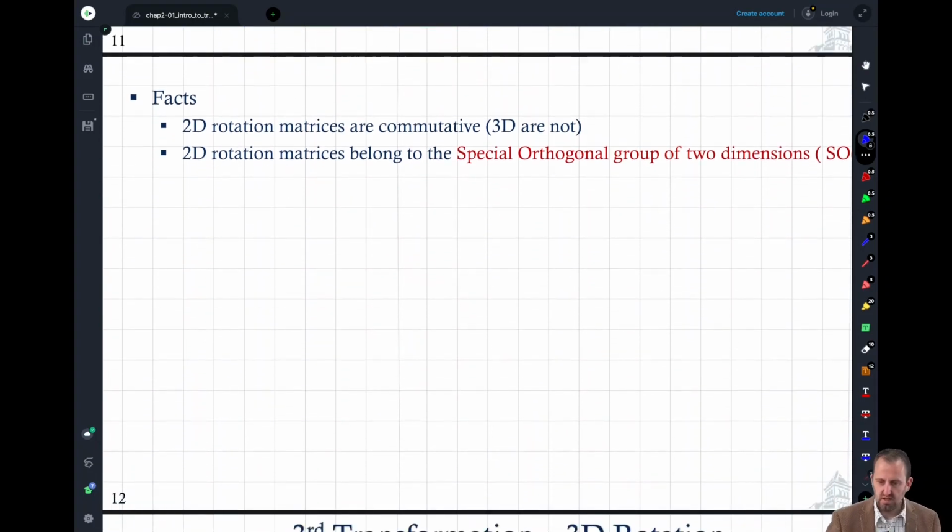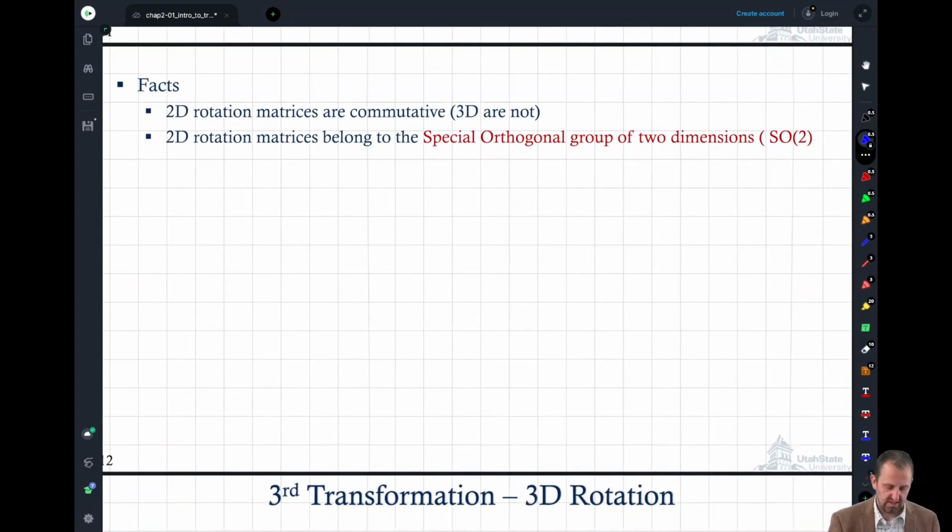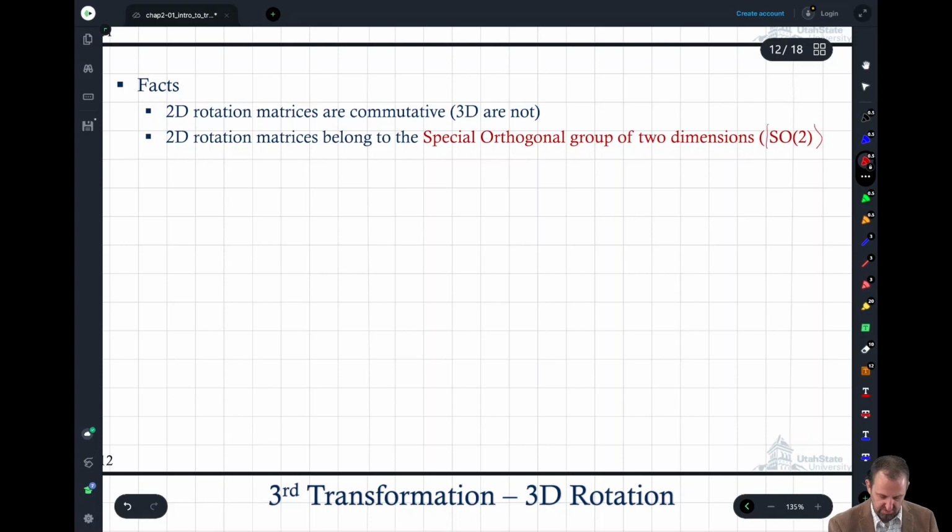Okay, so quick fact: 2D rotation matrices are commutative, 3D are not. We can take a look at that again in just a second. 2D rotation matrices belong to a group called the special orthogonal group of 2 dimensions. This is typically written as SO(2).